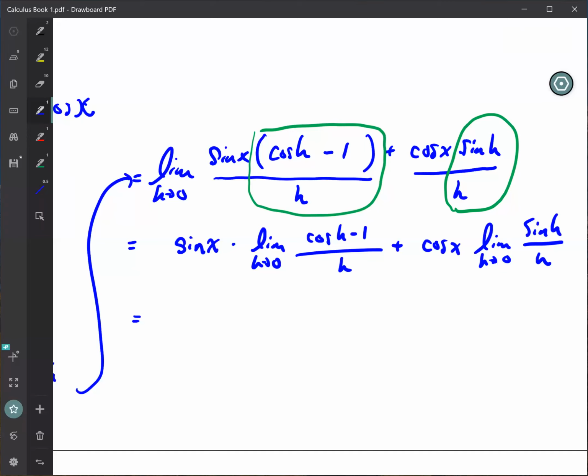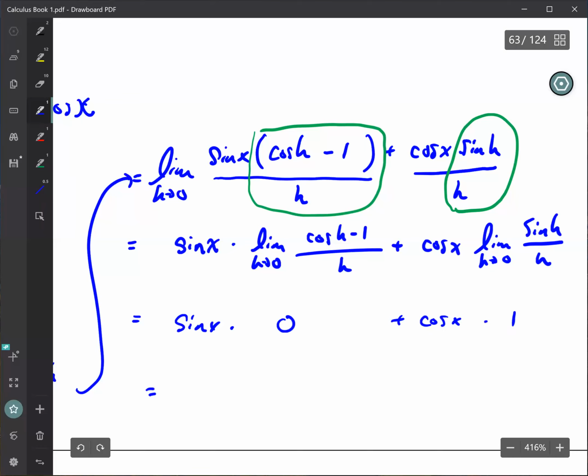We got our identity. Then you plug in the rule that we just learned on the last page. So it will be sine x times 0 plus cosine x times 1. So that's how you end up with cosine x.